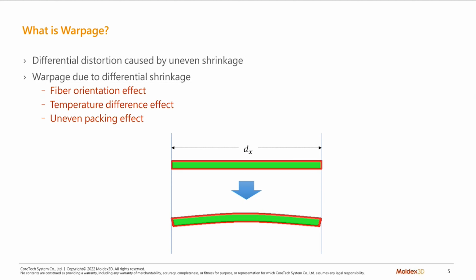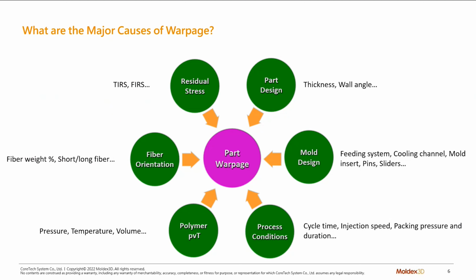Fiber orientation effect, temperature effect, and uneven packing effect are probably the three most significant ones. But part design, mold design, process conditions, polymer PVT, fiber orientation, and residual stresses are also critical factors that play an important role in the overall warpage caused in a part.